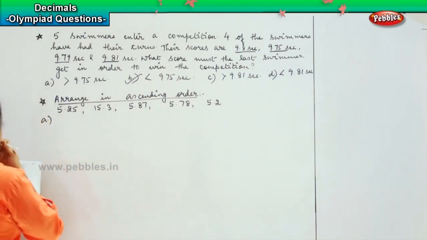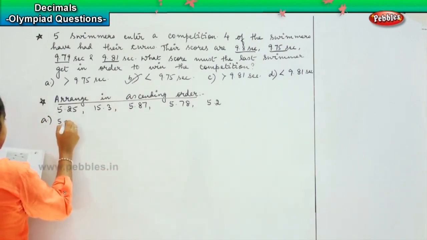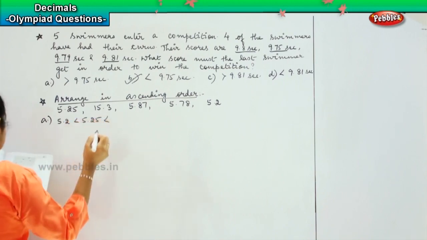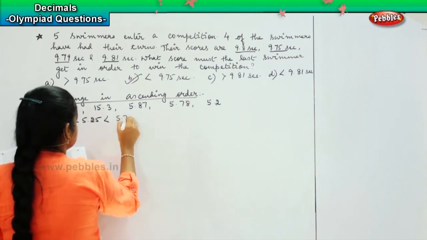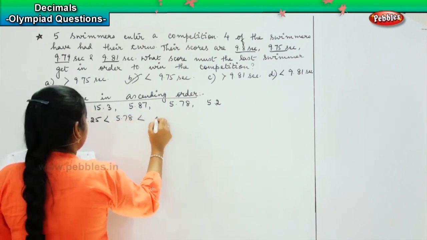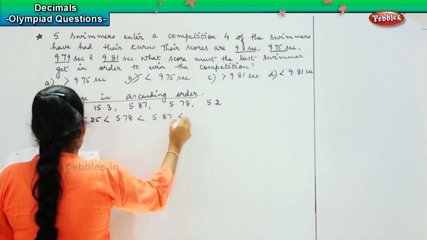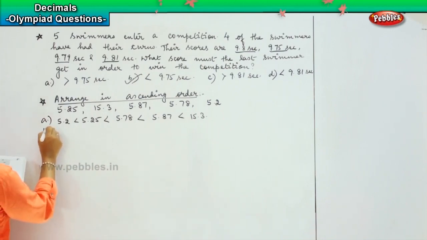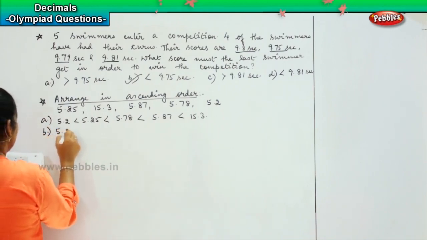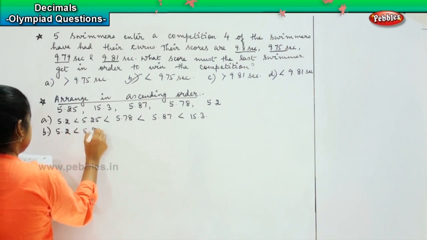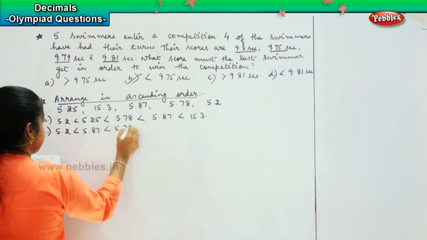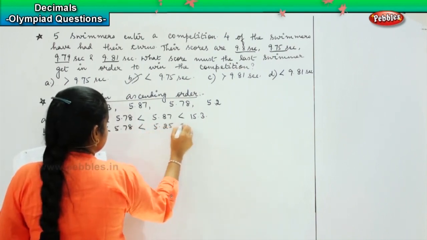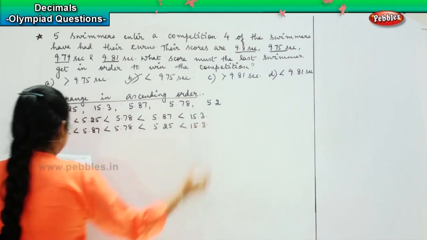The options are: option A, 5.2 is less than 5.25, is less than 5.78, is less than 5.87, is less than 15.3. Option B, 5.2 is less than 5.87, is less than 5.78, is less than 5.25, is less than 15.3.